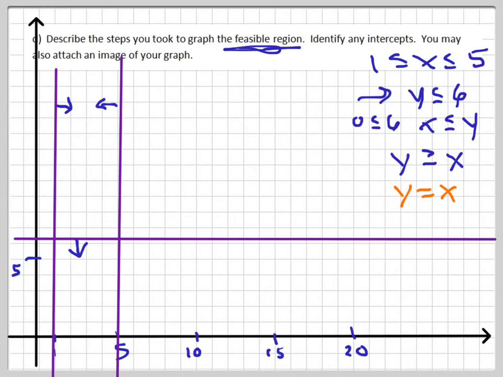You could use a couple points that make the equation true, or you could use your slope and your intercept. So right now this is Y equals 1x plus 0, so I could think of this as a line that has an intercept at 0 and then a slope of 1, so it would just be going up 1 over 1 to find other points on that line.